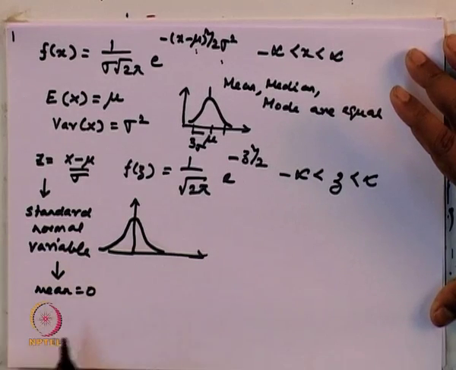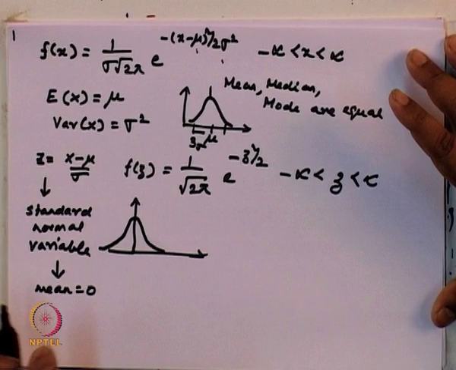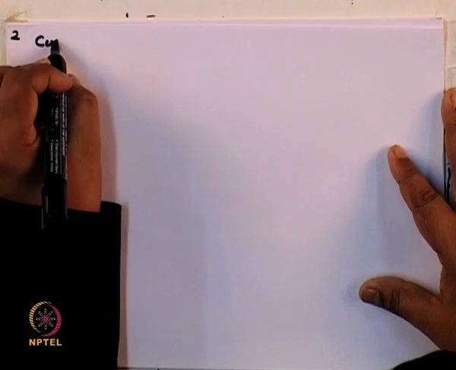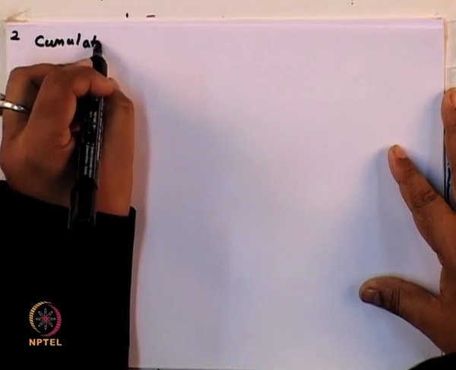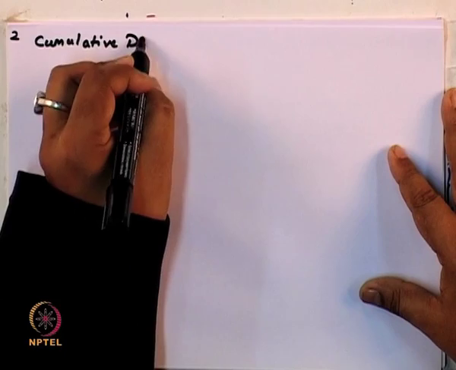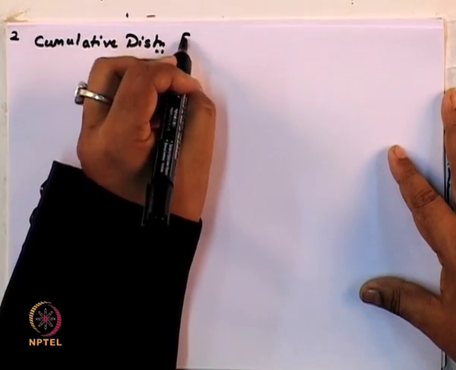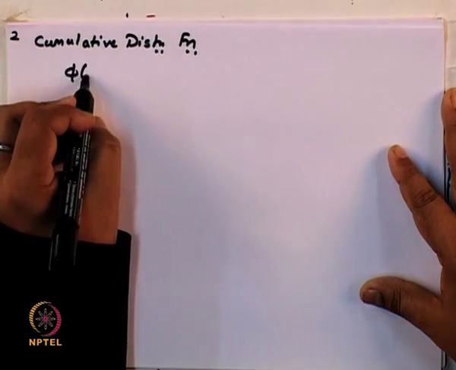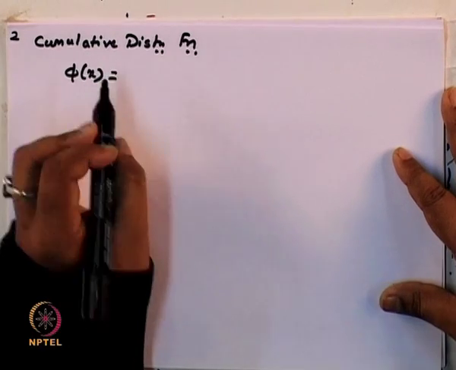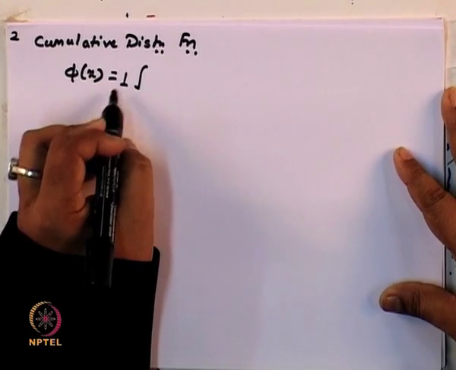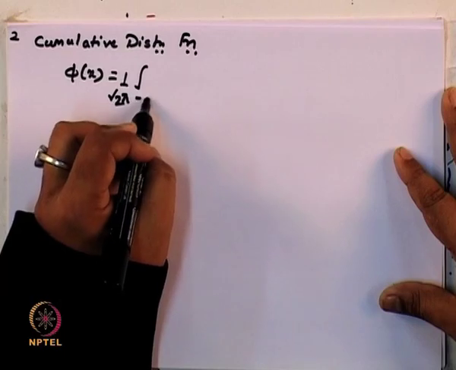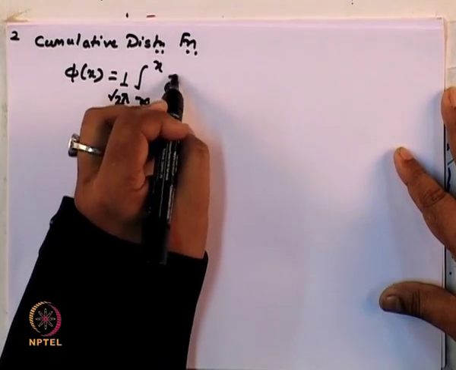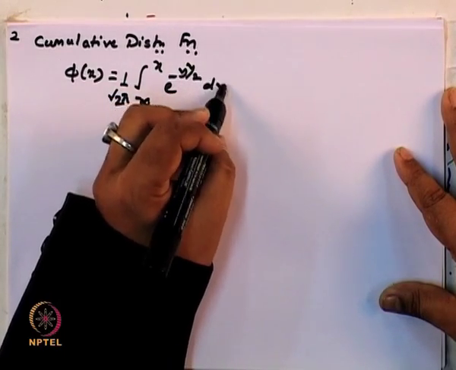The cumulative distribution function is given by phi of x, which is 1 by root 2 pi integral from minus infinity to x of e to the power minus y square by 2 dy.